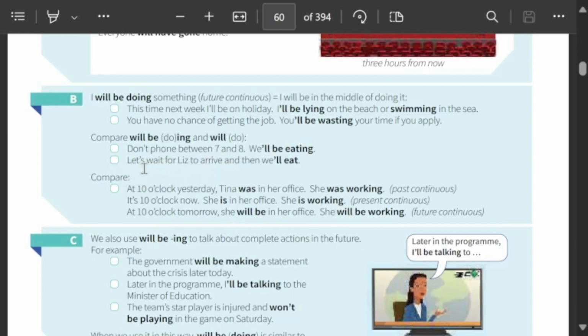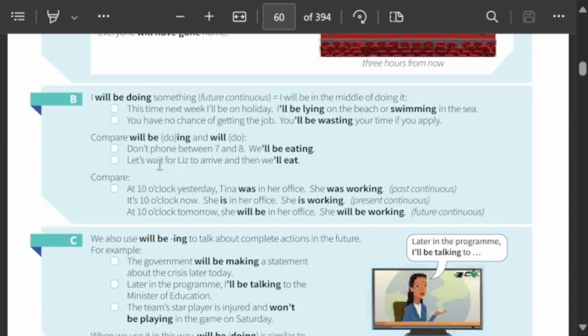Now the second sentence. Remember this? Apostrophe s. What is the meaning? Us. Yes. Let us wait for Liz to arrive. Let's wait for Liz to arrive and then we'll eat. So what tense is this? Let's wait for Liz.